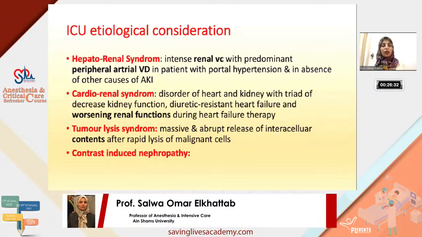The cardiorenal syndrome is a triad of decreasing kidney function, diuretic resistance, and worsening of renal function during heart failure therapy. Tumor lysis syndrome also might present with AKI, and of course, we all might face contrast-induced nephropathy.